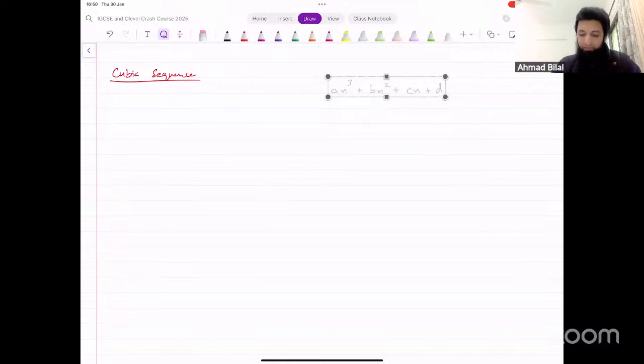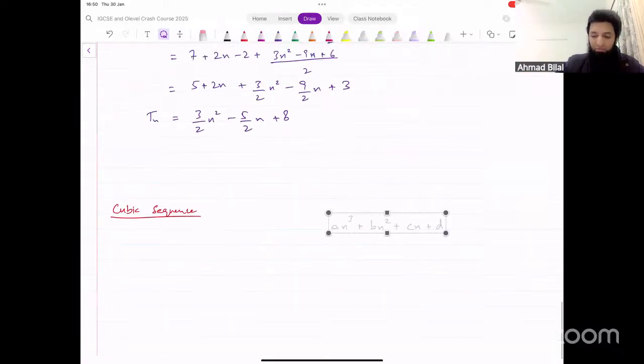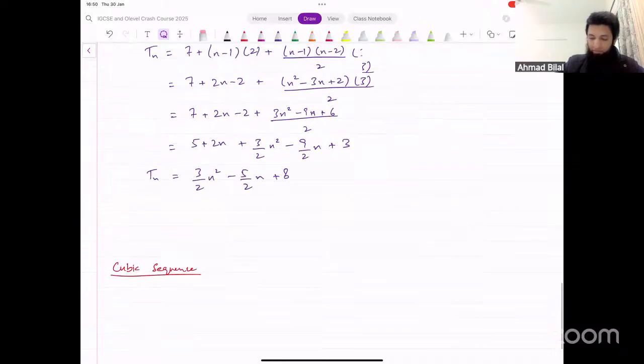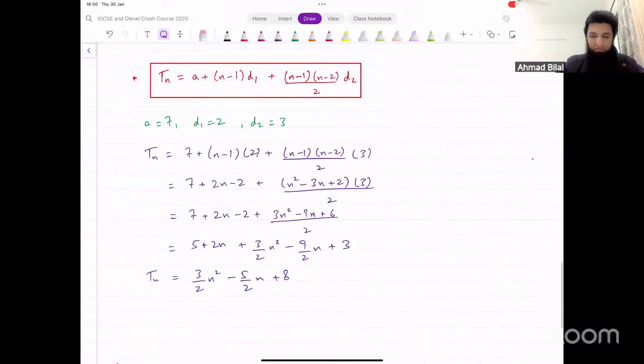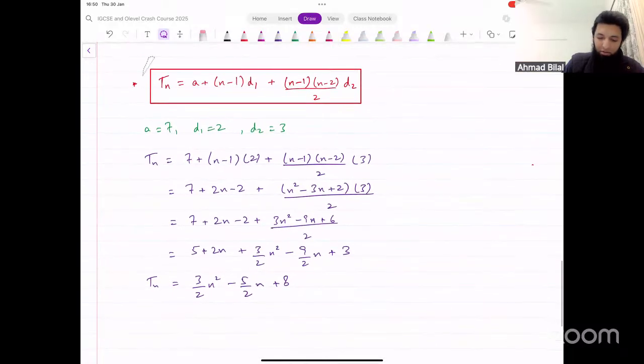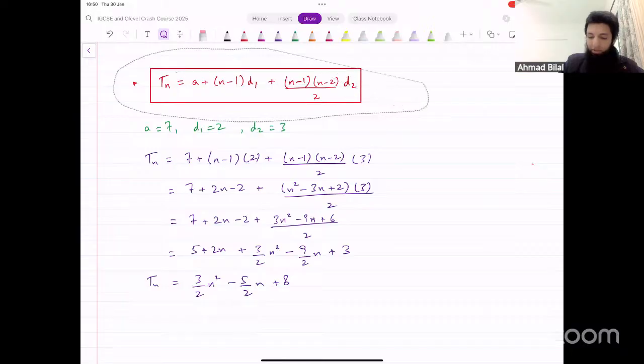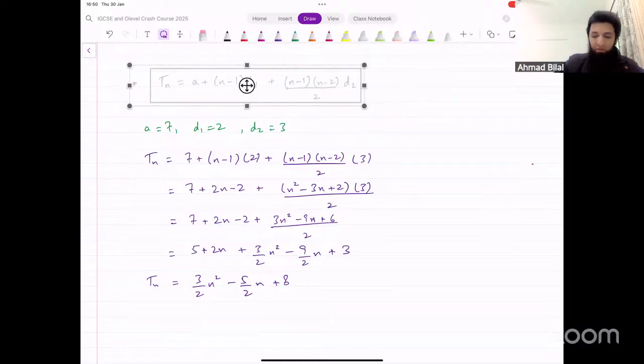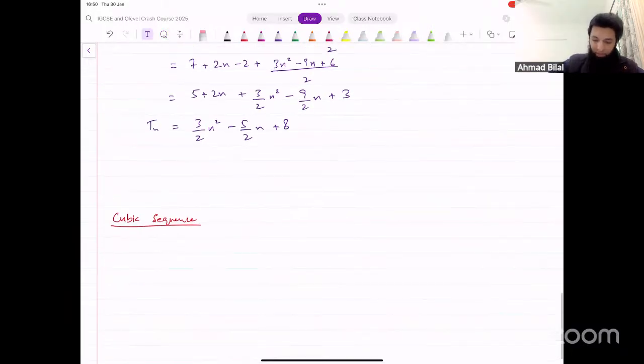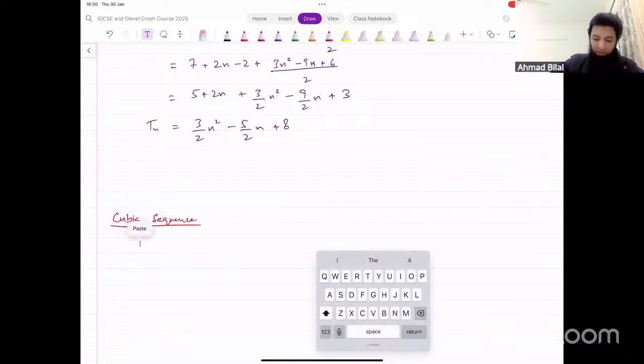Okay. Now, I'm just going to write down the formula. You can try it yourself and see what that gives you, because it is a bit time-consuming and you'll not find many questions on this. In fact, there is no question on this in the past papers as of yet. But since it's part of the syllabus, I'm just going to tell you the formula for this and explain how this works.